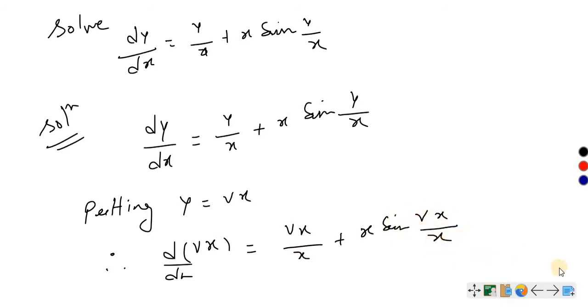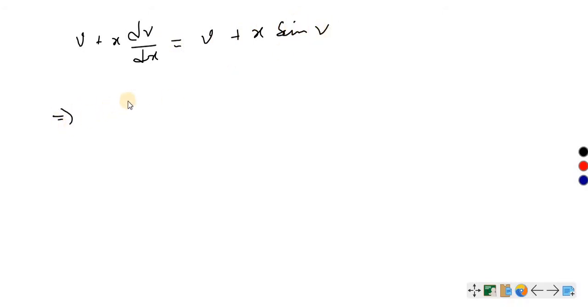So if you just do further simplification, you will be getting what? v plus x dv by dx is equal to v plus sine v. Now you can do the separation of the variables.